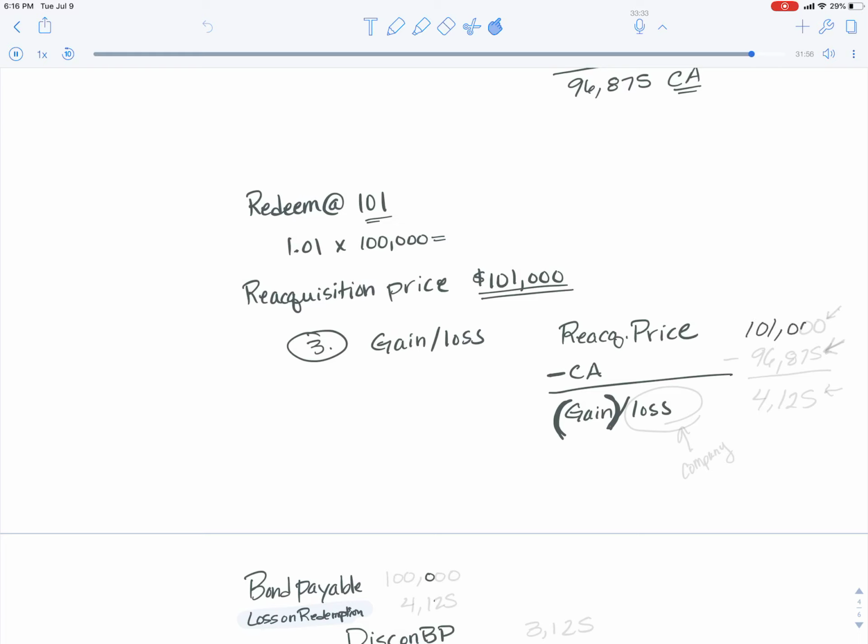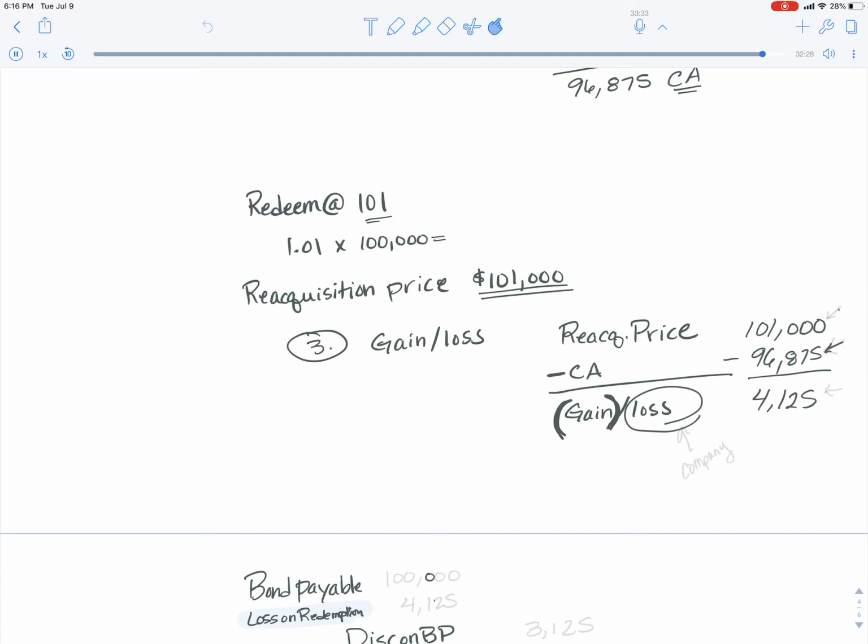So we're going to pay them back 101,000 and subtract the carrying amount from step 2, $96,875. So that leaves us with $4,125. Now, in this situation, this is a loss because we really only owed, I want you to think of it as the company has the loss, the bondholder had the gain, okay?